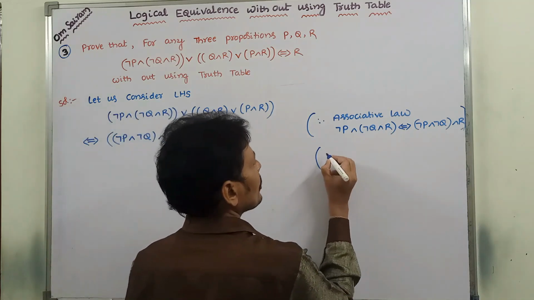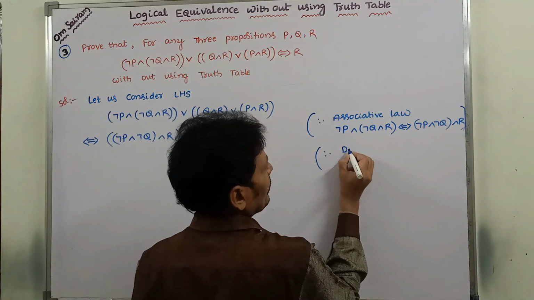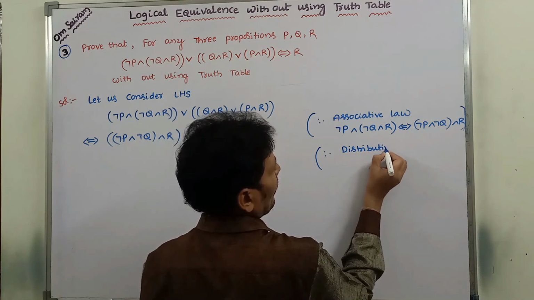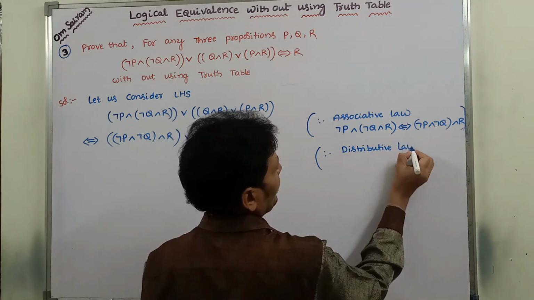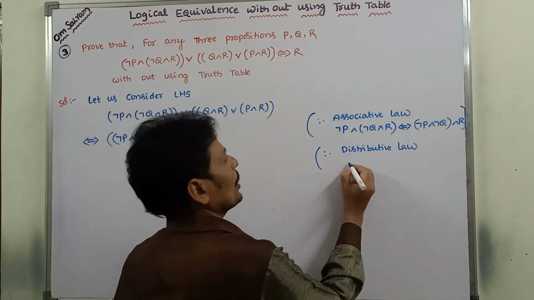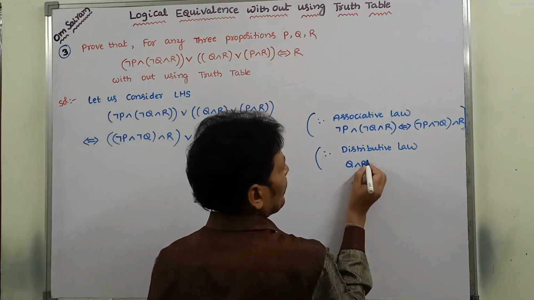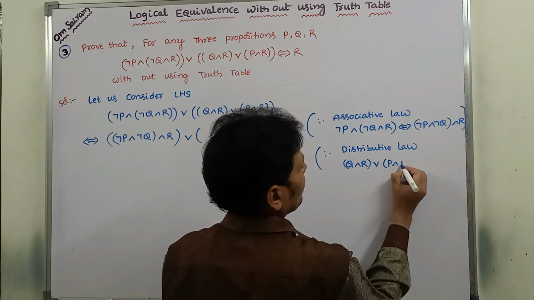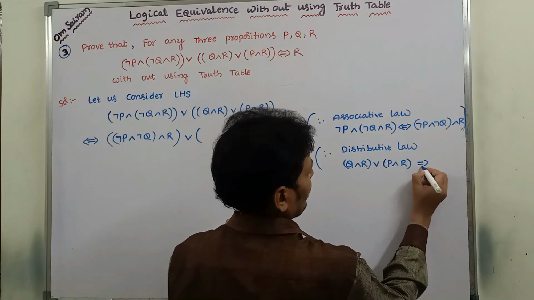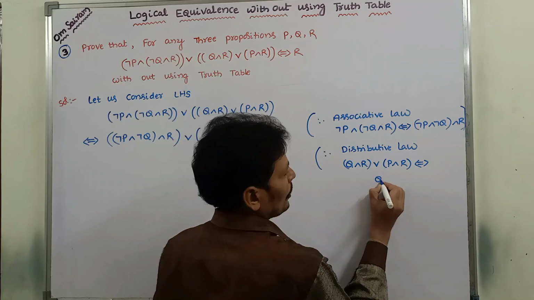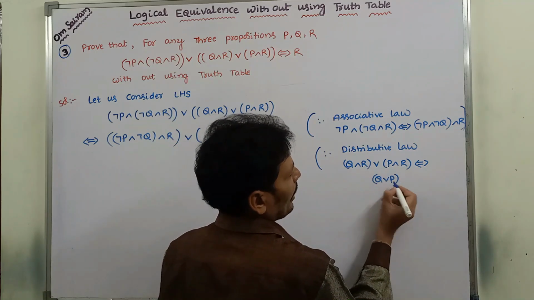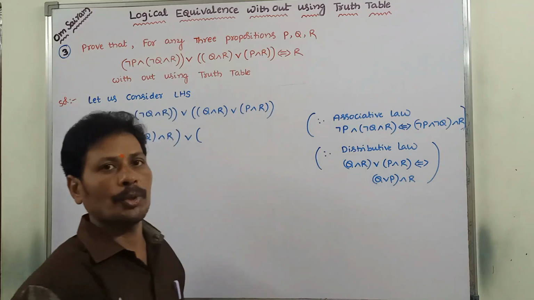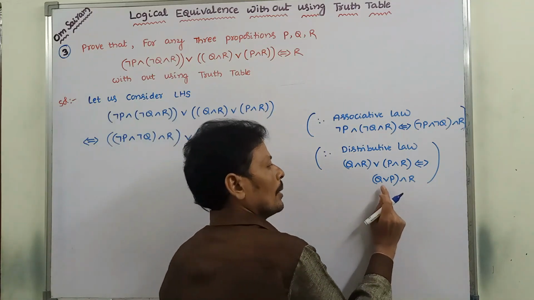So what is the distributive law here? Distributive law is, Q and R or P and R is logically equivalent to Q or P and R. So this is the distributive law.